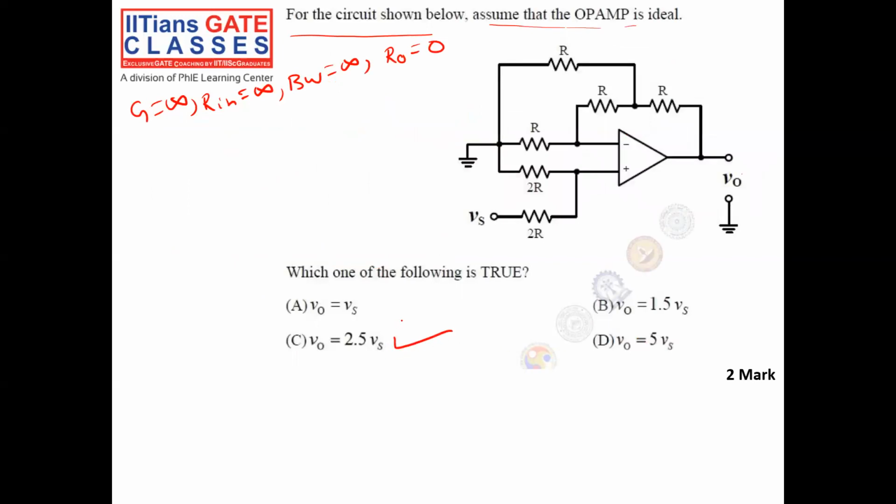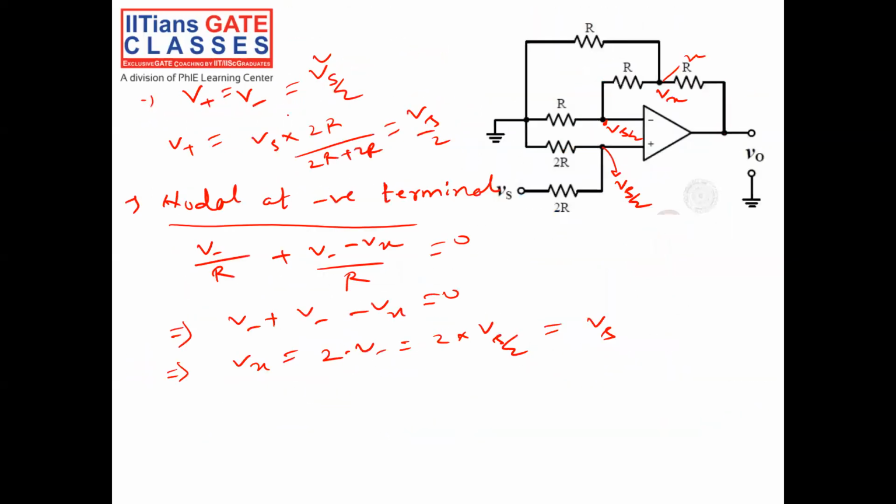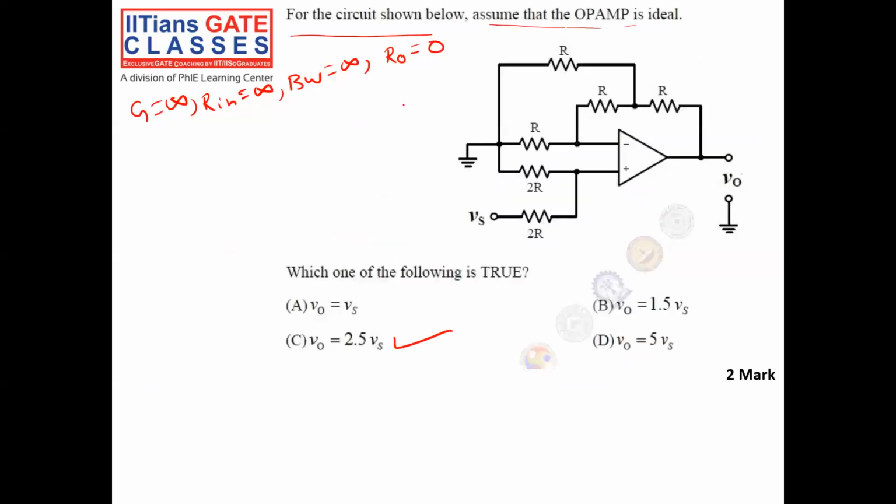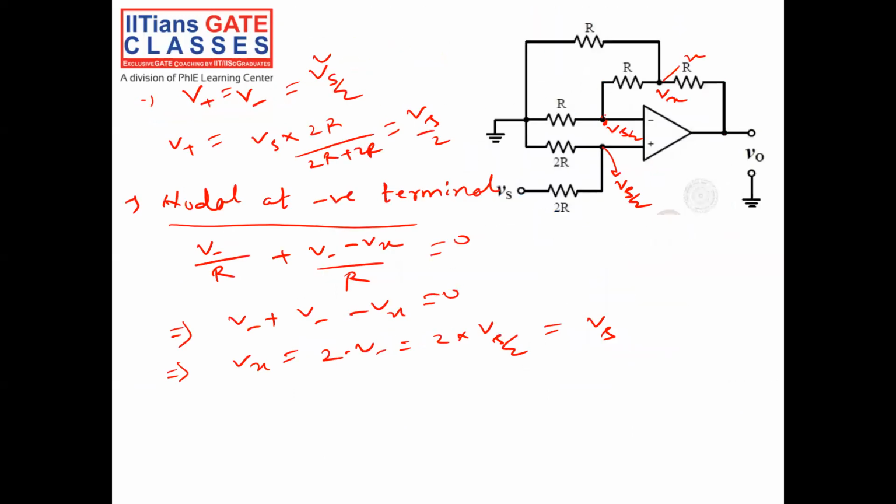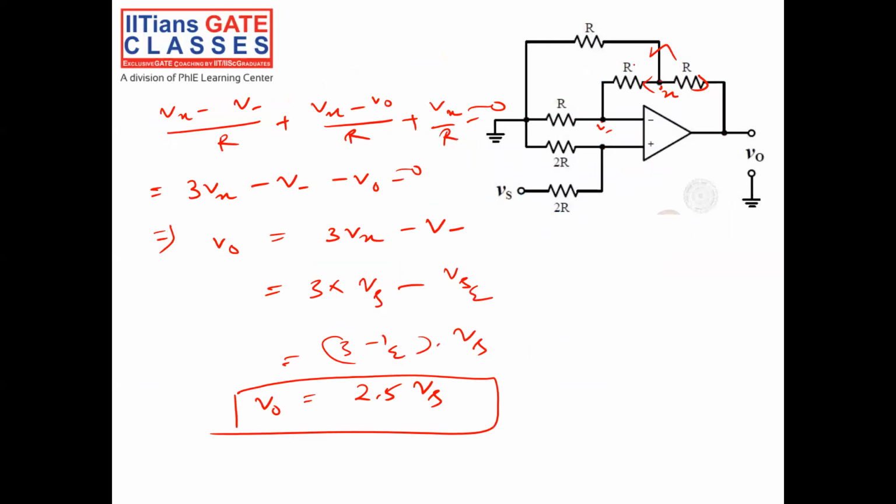You simply have to know two things. First is the virtual ground principle, that makes V negative equal to V positive. Second, we put a nodal at the negative terminal, then a nodal at the point X. Solving these two equations, we easily get the output in terms of source voltage Vs.